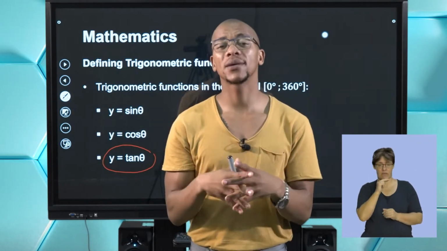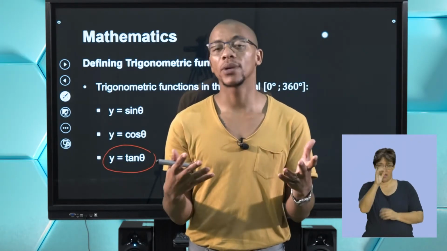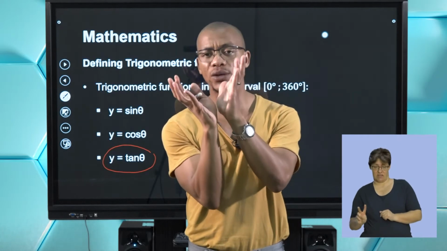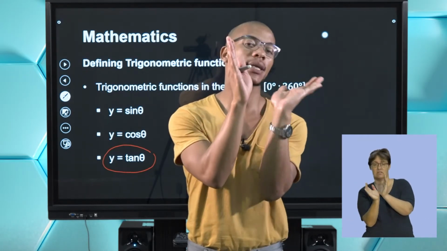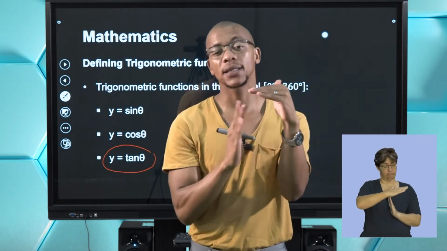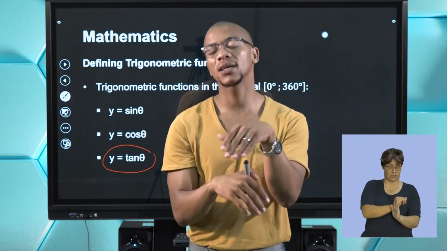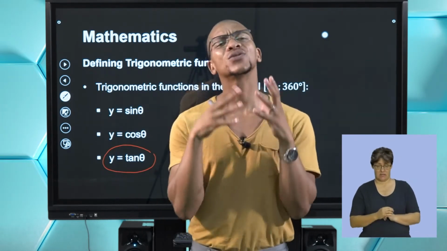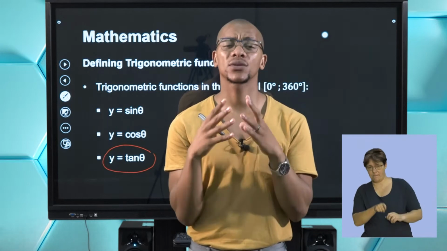And we label them using the Roman numerals. So between 0 and 90, you know it's quadrant 1. Between 90 and 180, that's quadrant 2. Between 180 and 270, that's quadrant 3. And then 270 and 360, that's quadrant 4. So that's what we are really trying to look at.